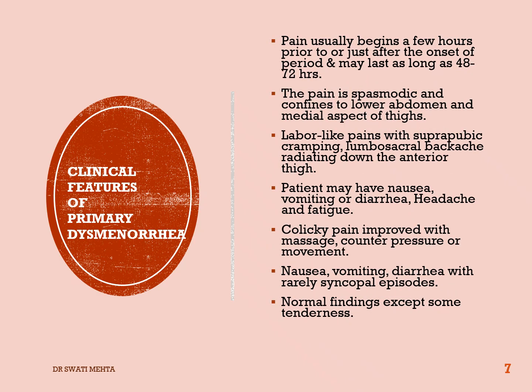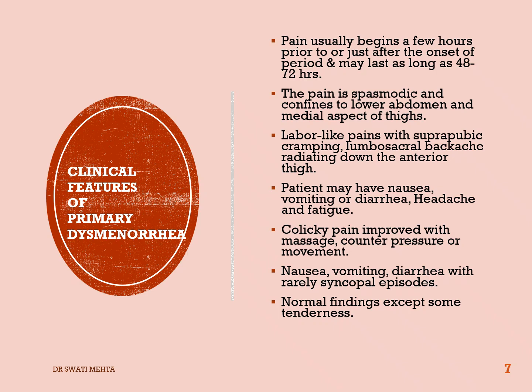Pain typically begins a few hours before menstruation or shortly after bleeding starts and may continue for 48 to 72 hours. The pain is spasmodic, labor-like, and located in the lower abdomen. It often radiates to the lower back and inner thighs.